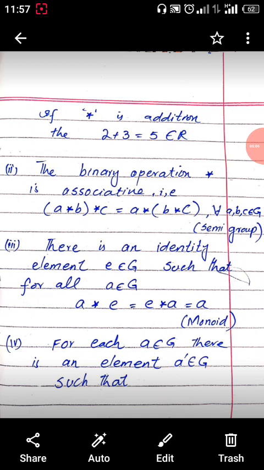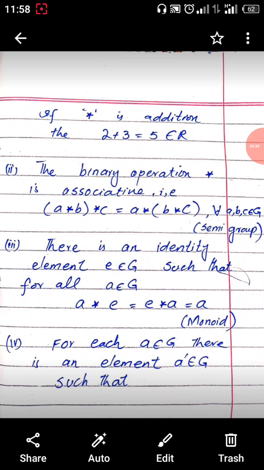A monoid means any non-empty set that is closed, in which the associative law holds, and that has an identity. The fourth condition is inverses. An inverse of every element should exist. For example, we have the set {2, 3, 4, 5}; all the elements should have their inverses. The additive inverse of 2 is, we know, minus 2.